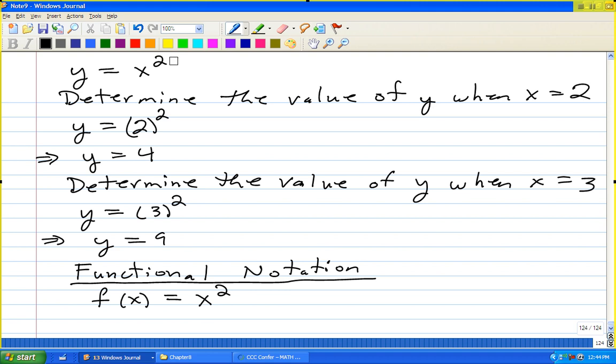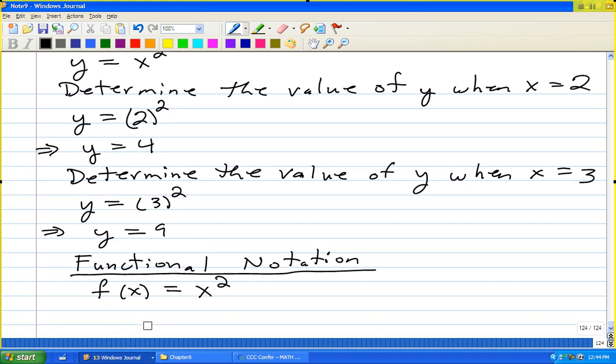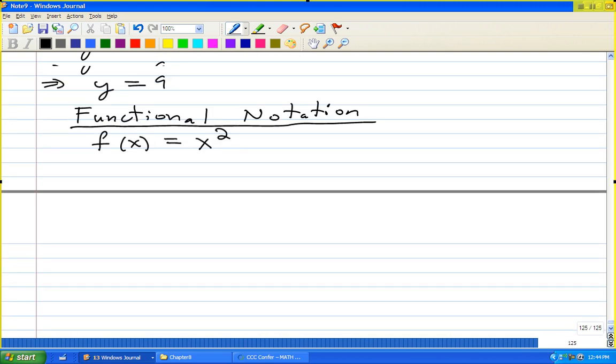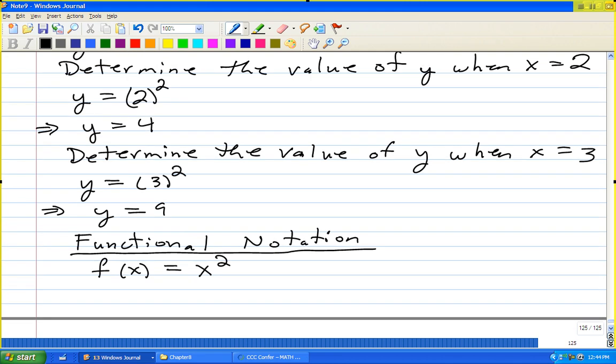So instead of saying y equal x squared, I'll give the name of the rule f and the name of the independent variable x. And if I wanted to determine the value of f when x is equal to 2, that's all I would need to write.